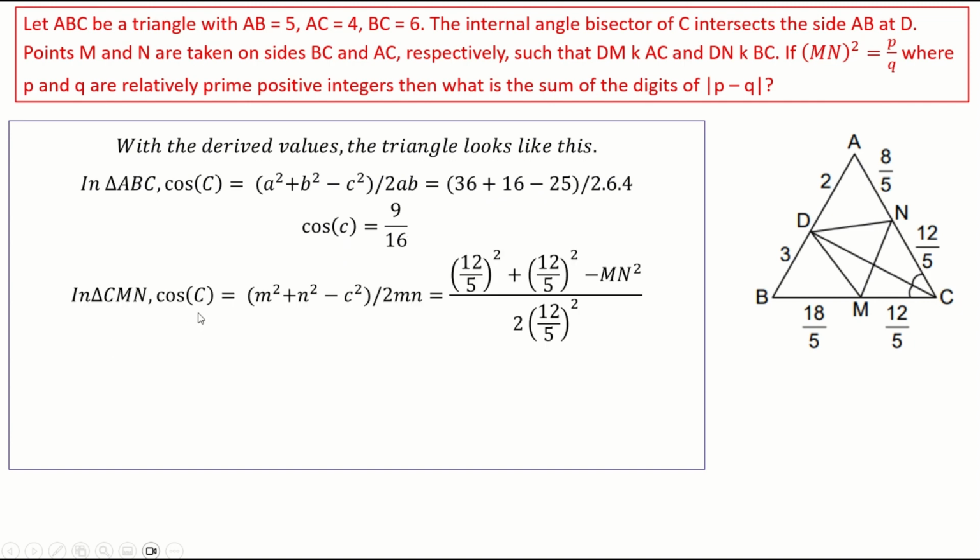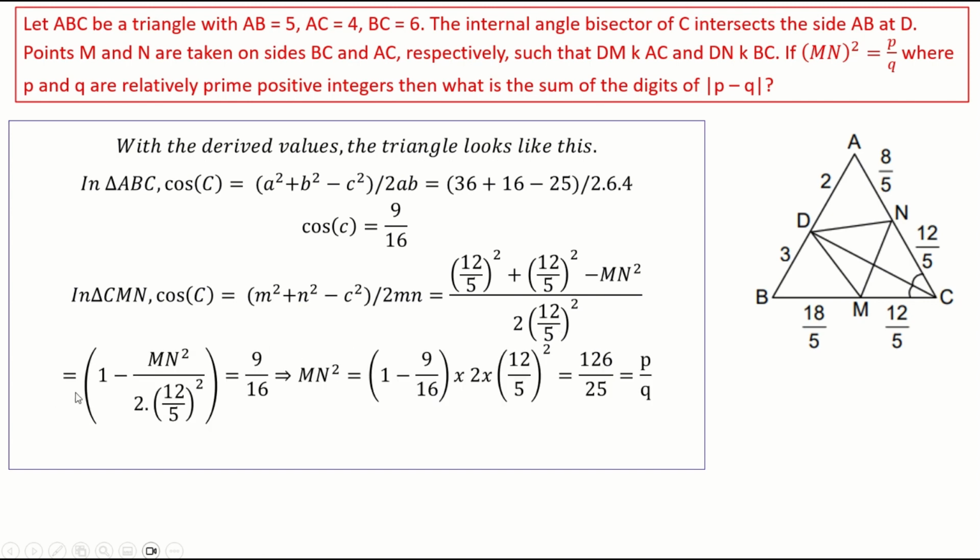And then in triangle CMN, we also have cos C, so here also we can apply the same formula. It becomes (CM square plus CN square minus MN square) by 2 CM CN, which is (12 by 5) whole square plus (12 by 5) whole square minus MN square, divided by 2 into 12 by 5 into 12 by 5.